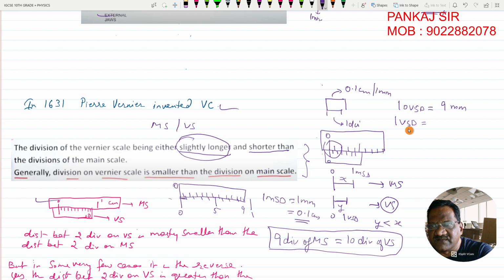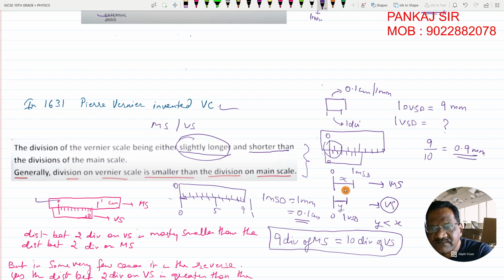So one vernier scale division will be equivalent to how much? It will be 9 divided by 10, which is equal to 0.9 millimeter. So one division of the vernier scale is equivalent to 0.9 millimeter.